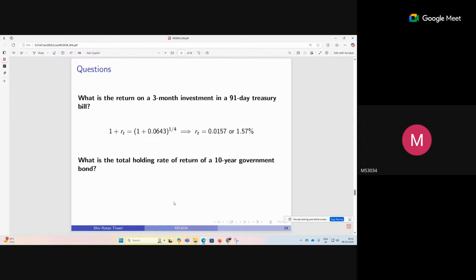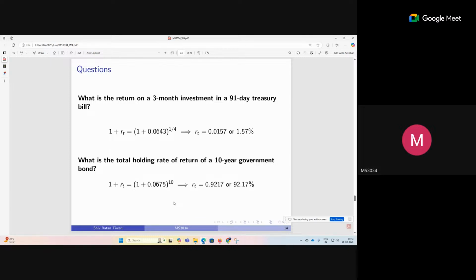Now, for the higher maturities, for example 10 years, this is the total holding rate of return for a 10-year government bond. We compound the annualized rate of return for the given time period or maturity, and through that we can calculate the total holding rate of return.